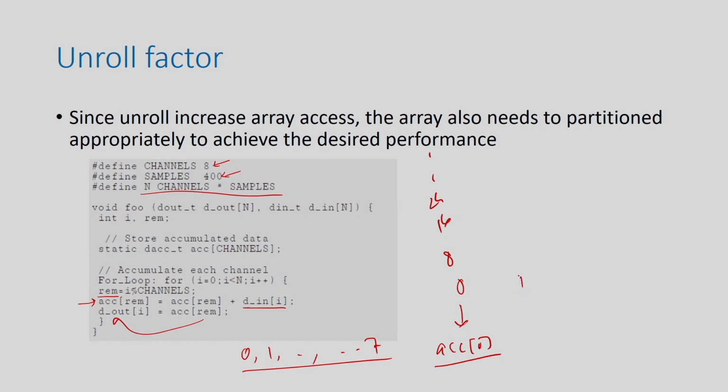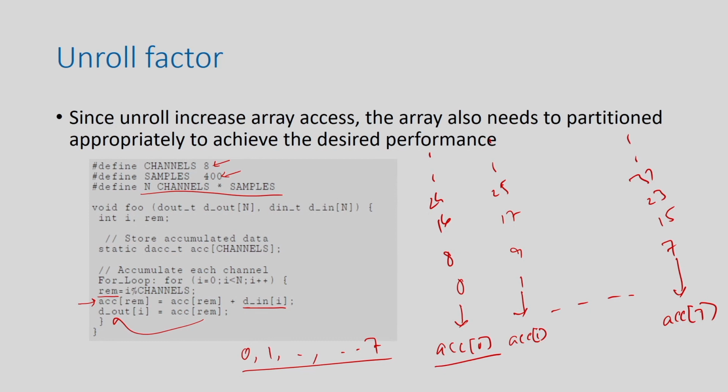Similarly, the index values 1, 9, 17, 25 I am going to put into channel 1, this is my ACC 1. You can understand it this way. I have the 8th channel, which is ACC 7, which will store 7, then 15, 23, 31 and so on, those corresponding inputs. Okay. So, this is how this code is working.